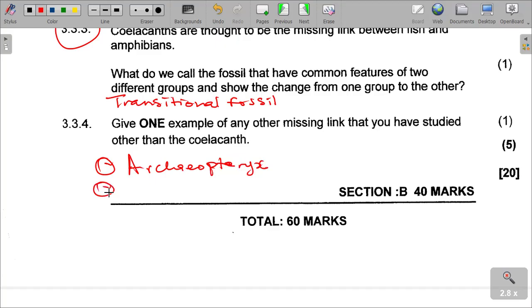We can also have Lystrosaurus as an example. So they are quite good examples of that.